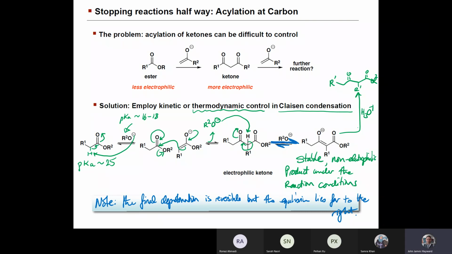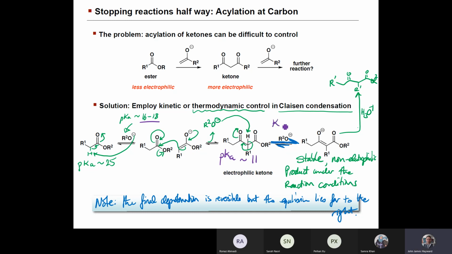And the reason for that is that we said the pKa of our alkoxide at the start was 16 to 18, and the pKa of our ketoester is around 11.